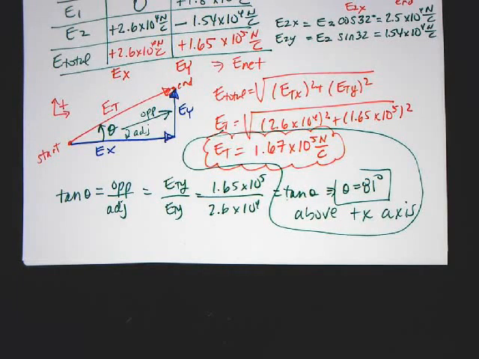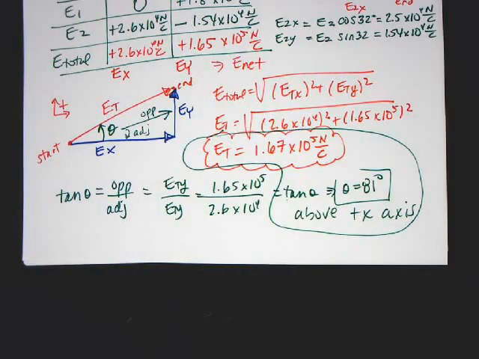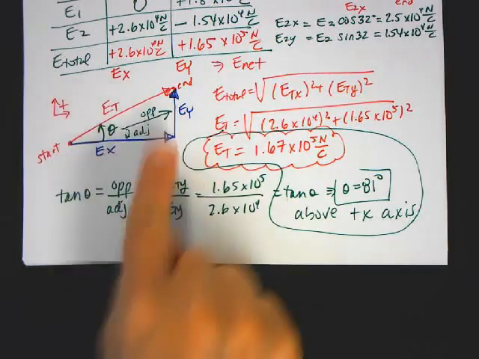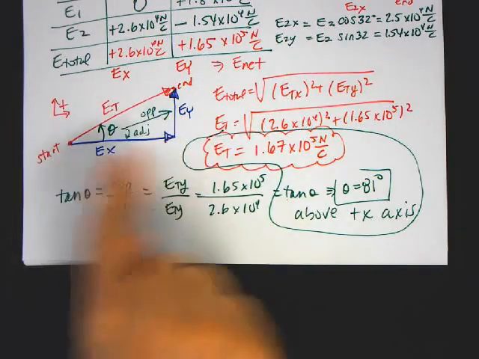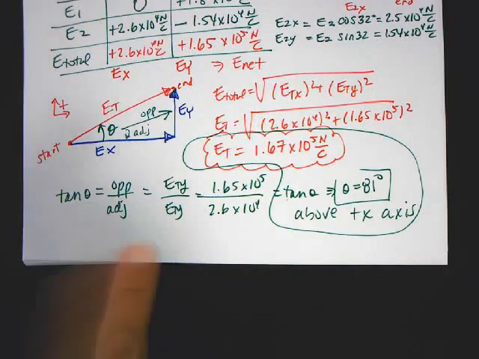I found the net electric field in the x, the net electric field in the y. After I did that, I found the net electric field by adding my two vectors head to tail and finding the resultant, and because vectors have both magnitude and direction, I used the definition of tangent to find the direction. So that's my final answer. And that's it.